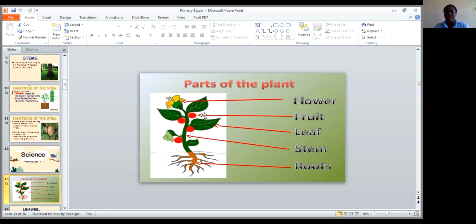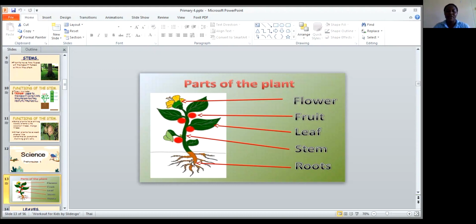Okay. Now, yesterday we talked about the roots. Here, these are the roots down here. The roots are found underground. And as you can remember, roots are used to absorb water and nutrients from the soil.